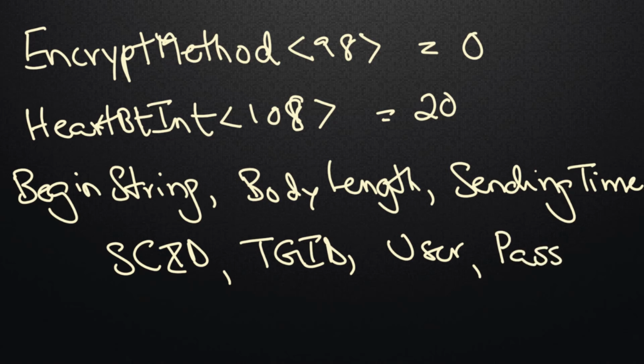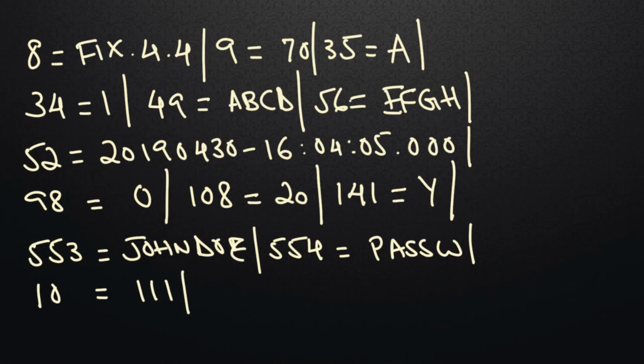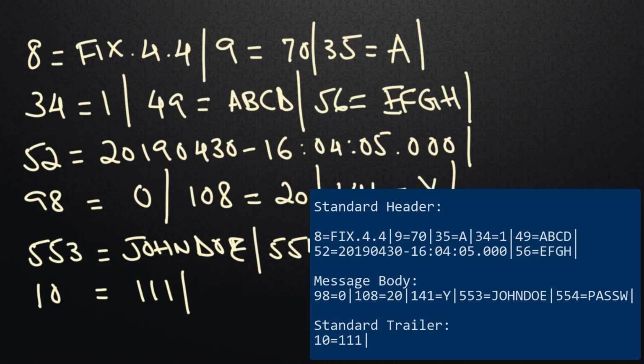Now let's see what this message looks like when fully constructed into a FIX message with all its tag value pairs sequenced in the order that they're expected by the acceptor entity. So as you can see, we start off with the standard header. We define the begin string as FIX.4.4, the body length of 70. These are example values here as I've just written them on this slide.